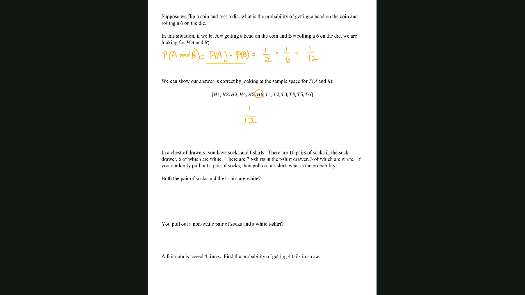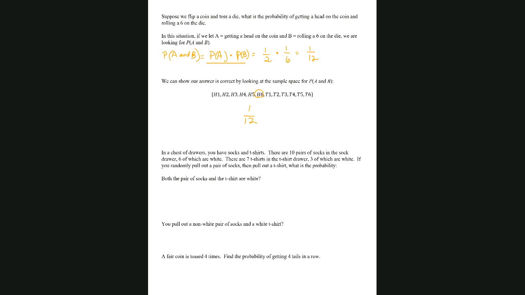All right, let's look at another one. In a chest of drawers, you have socks and t-shirts. There are 10 pairs of socks in the sock drawer, and 6 of which are white. There are 7 t-shirts in the t-shirt drawer, 3 of which are white. So if you randomly pull out a pair of socks, then pull out a t-shirt, what is the probability?